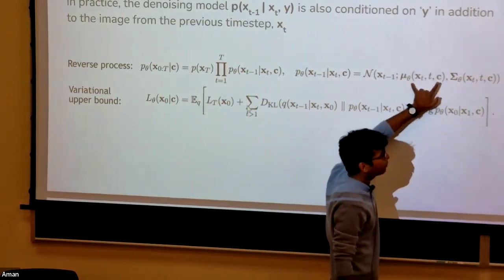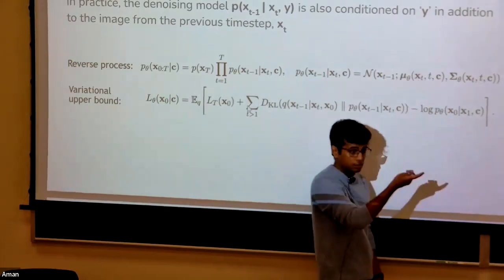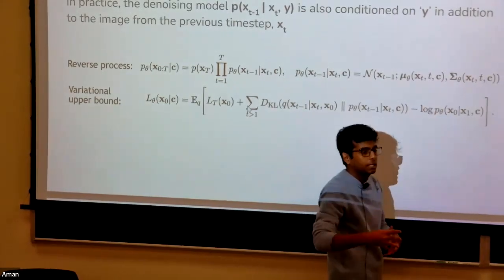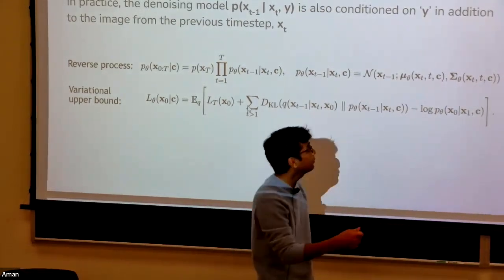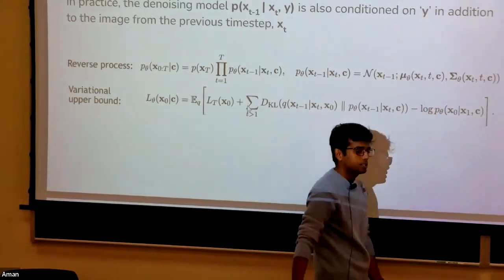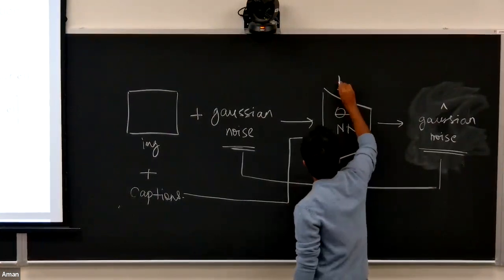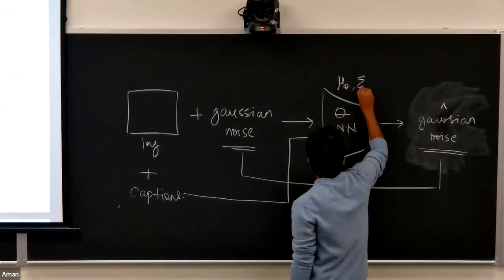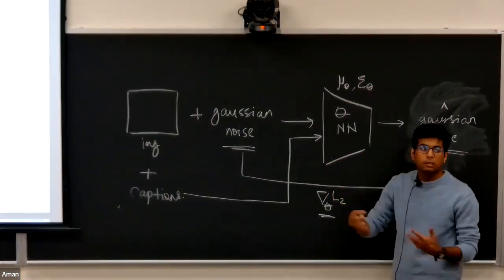So in this neural network model, in addition to taking the XT, which is the noised image, and the time step, which is an indication of the amount of noise that was added to the image, it will also take in the conditioning signal. This model is exactly what a mu theta or a sigma theta model would look like. You can imagine that this neural network is just two branches.